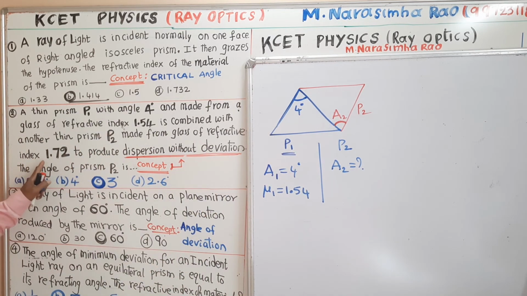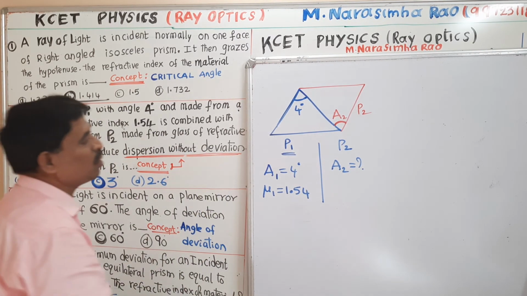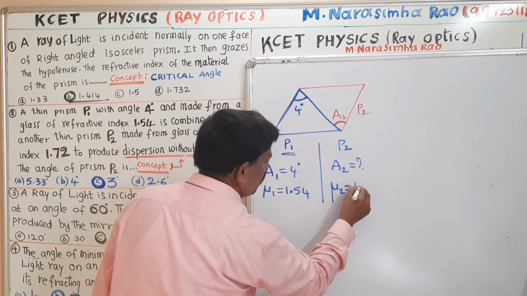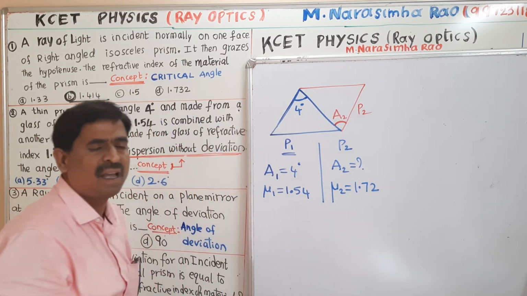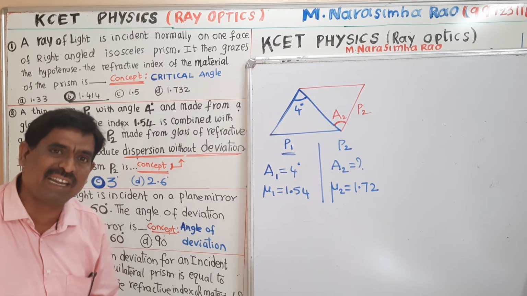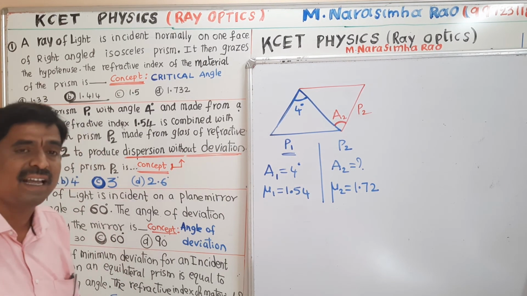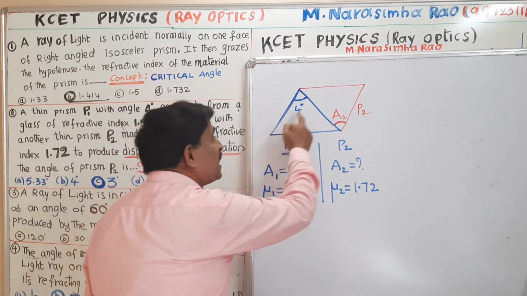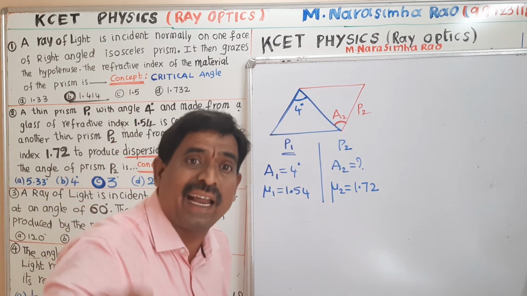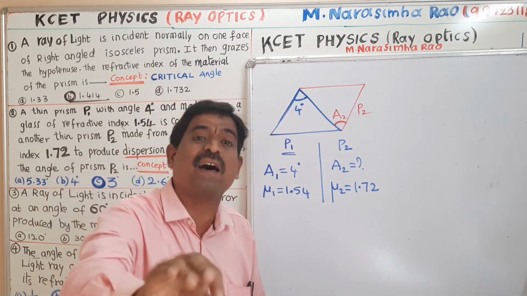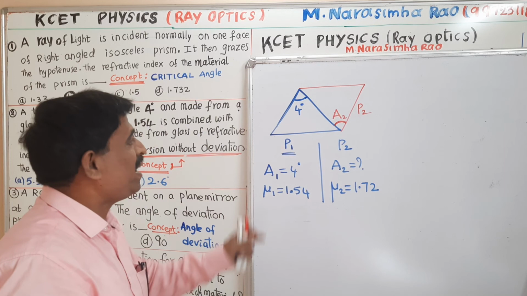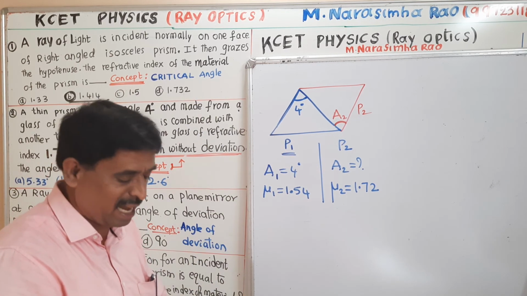Refractive index of the second prism mu2 is equal to 1.72. Now they are asking for dispersion without deviation. If two thin prisms are combined in opposite manner, that combination will produce dispersion without deviation.